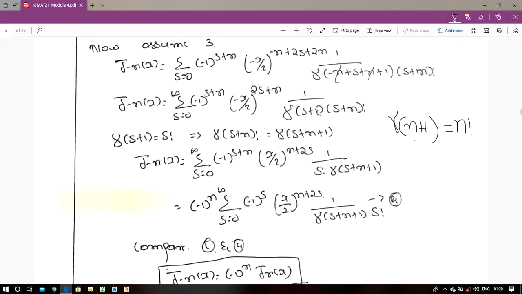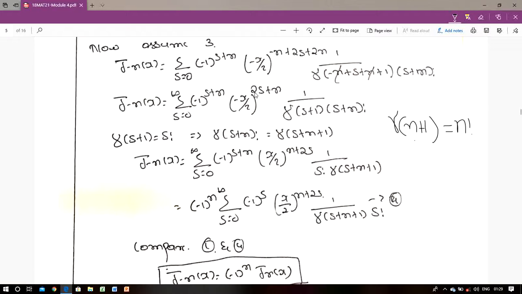This value is kept in this equation, that is J of minus n of x is equal to summation s equal to 0 to infinity of (minus 1) to the power of s plus 1 into (x by 2). Minus x by 2 is nothing but we can write (minus 1) whole to the power of 2s plus n into (x by 2) whole to the power of 2s plus n.